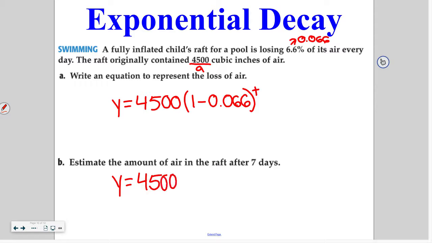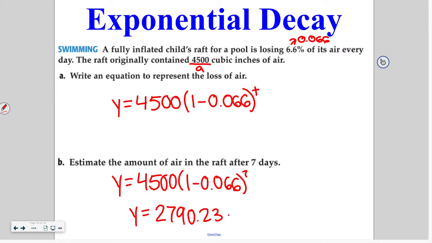So we have our same equation, just plugging in 7 for our exponent, and we are going to get a final answer of y equals 2,790.23 cubic inches of air. So just plugging in those values into the formula.